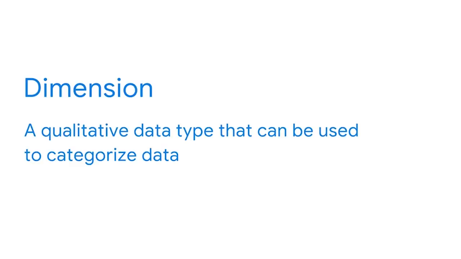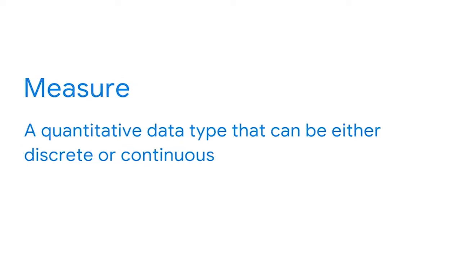Dimensions in data visualization are qualitative data types that can be used to categorize data. Some examples of dimensions include names such as customer names, product names, or locations. Measures are quantitative data types that can be either discrete or continuous. In the Google Data Analytics Certificate, discrete and continuous data types are explained in detail.